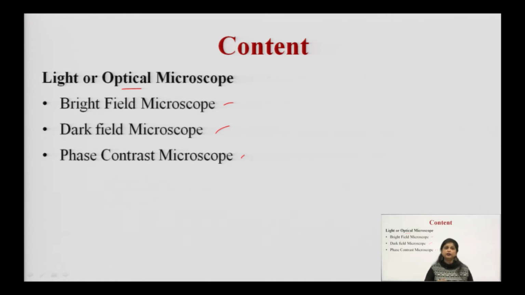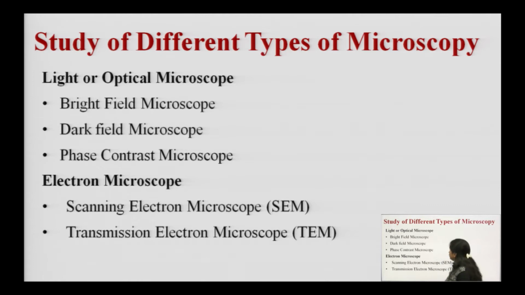These three microscopes come under optical microscopes or light microscopes. We also have advanced versions of the microscopes too. Microscopy actually deals with the study of various microscopes available to us. What is the need of studying this microscopy? We can't see microbes without the microscopes.